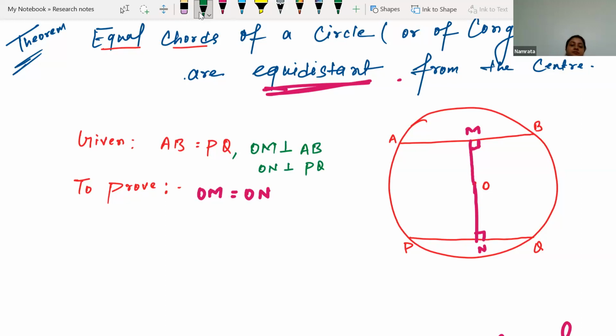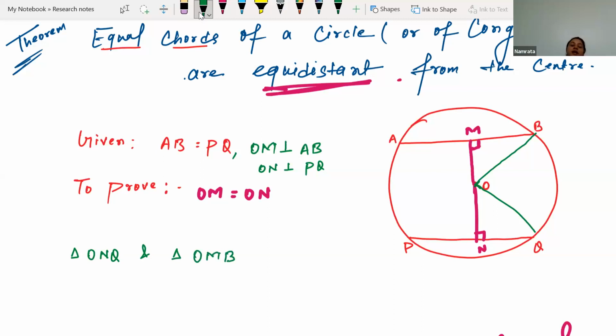Now to prove OM equals ON, let's join this center with this point A, and let's join this center with this point B. Now you can see two triangles over here. I am talking about triangle ONQ and triangle OMB.